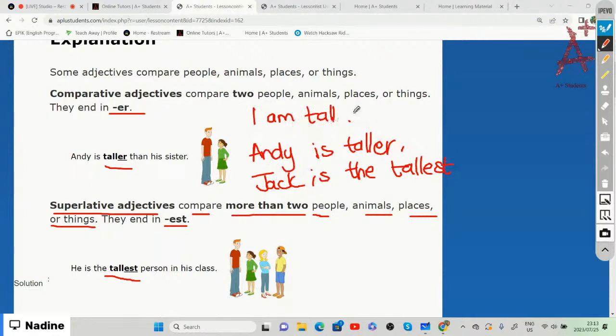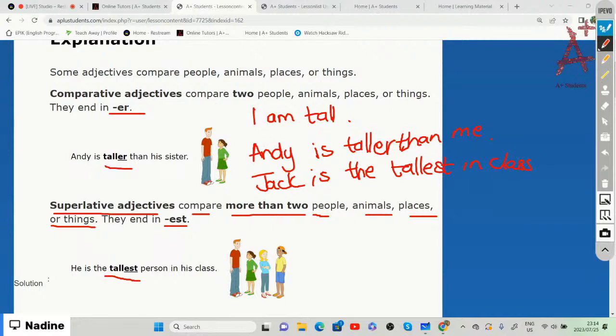If you were to measure yourself in height compared to maybe your friend, then maybe you are tall. But now if you compare yourself to another person, you can say Andy is taller than me, because now you're comparing Andy to you in height. But now we're saying Jack is the tallest. So he is the tallest when compared to all of us, or the tallest in class or out of the group.